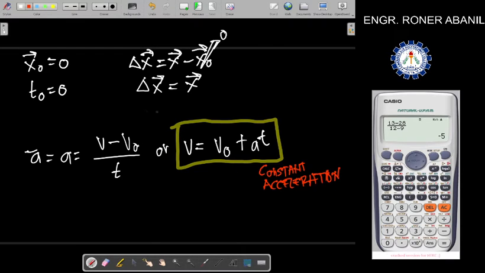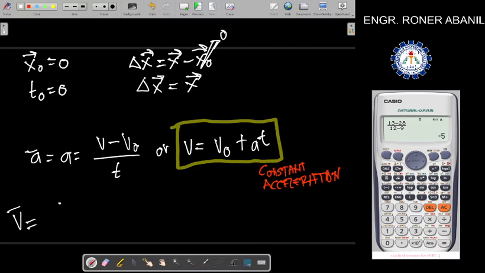Okay. So, the displacement x at time t can be obtained from an equation like this.